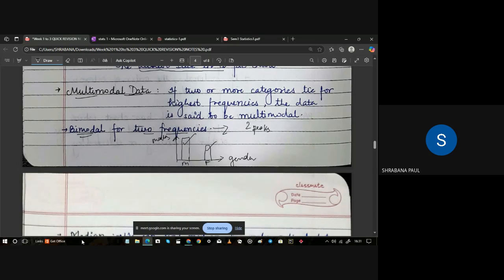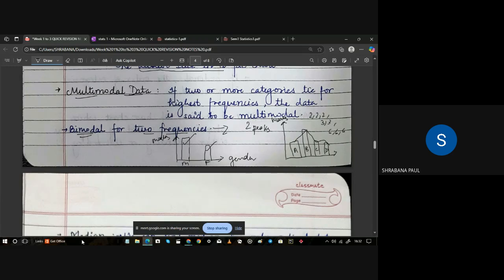And another example: here also we plot marks, and group A, group B, group C. There are many peaks here, as you can see. So this type of data is called multimodal data, where occurrences of many values, for example 2 2 2, 3 3, 6 6 6, come at a very high frequency, but not only two frequencies; more than two categories of data are coming repeatedly.